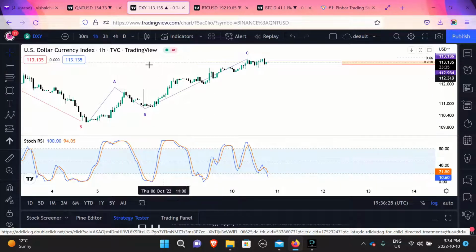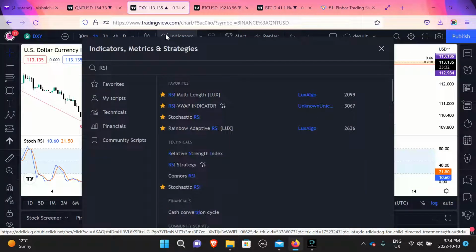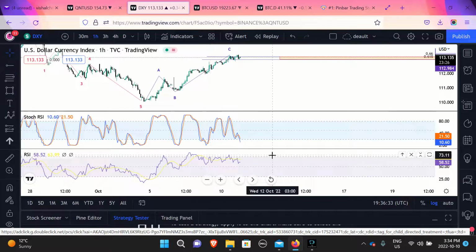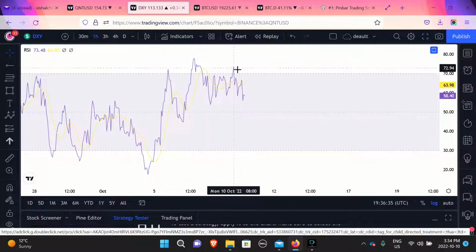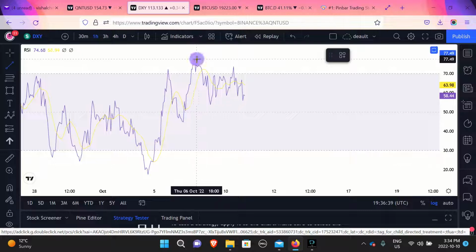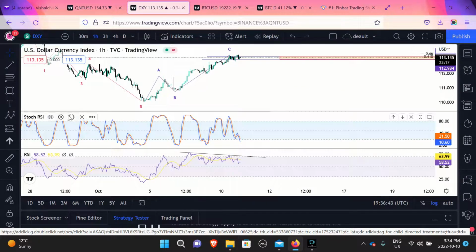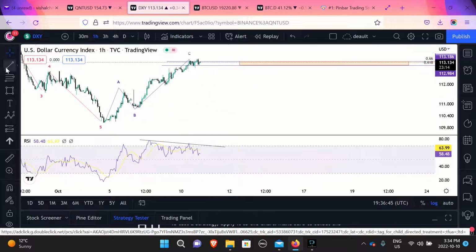So we can pull up the RSI and we're actually showing bearish divergence over here.